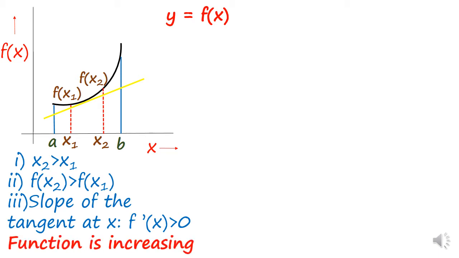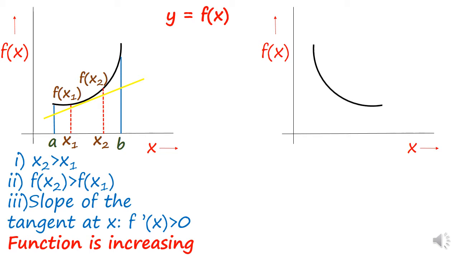It's an increasing function. Now let us consider a situation like this also, whereby we get a curve like this, and again we consider the area coming between 2 points A and B. x1 and x2 are the x coordinates of any 2 points on this curve between A and B, and the corresponding y coordinates are f(x1) and f(x2).